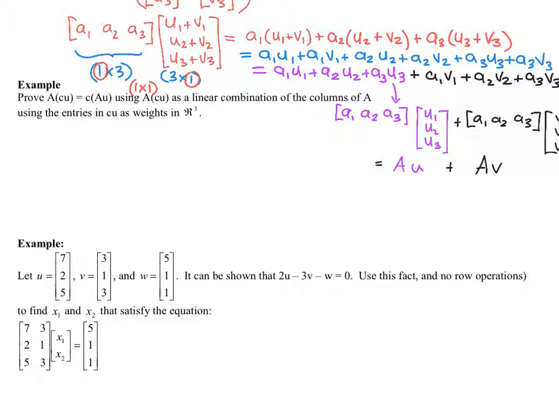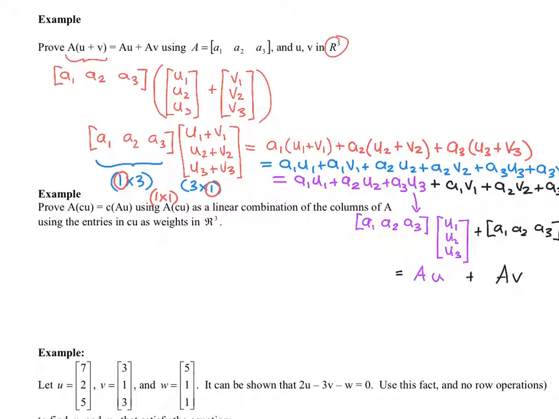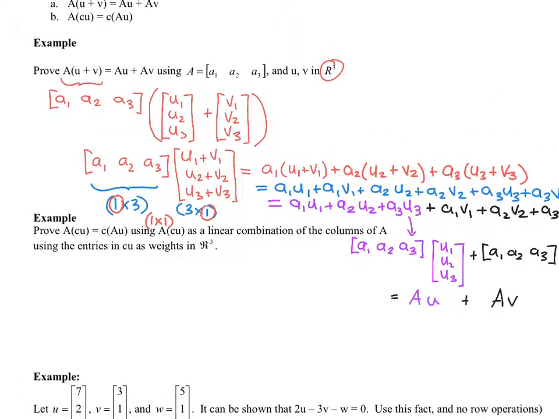So we want to prove A times C times U is equal to C times A times U, using A times C times U as a linear combination of the columns of A. Linear combinations is really just talking about the sum of the products. The good news is we already did the hard work, because in the first proof, we figured out what A times U is.